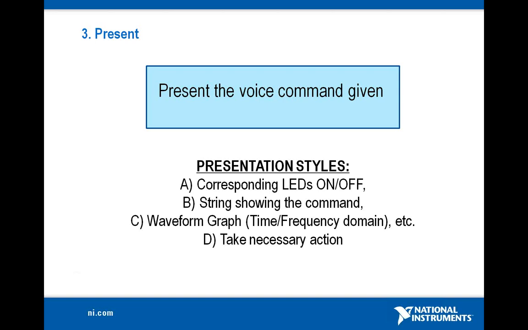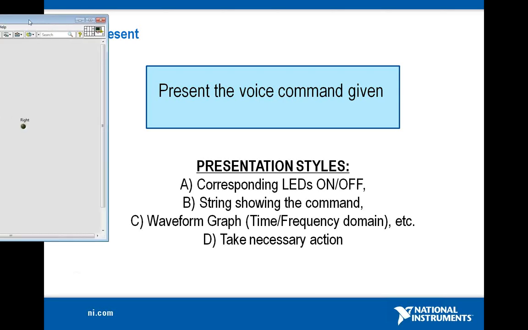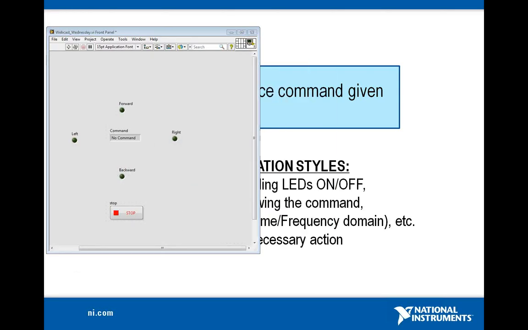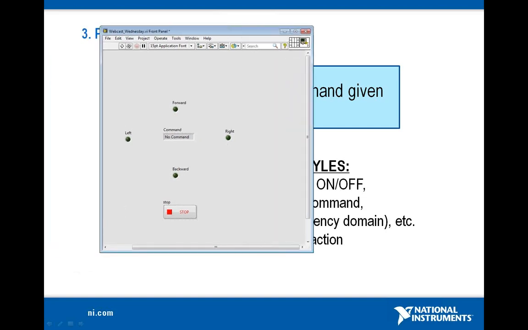Let me now demonstrate the VI that has been developed. Now, this is the front panel of my VI, on which you can clearly see that I have 4 LEDs: forward, left, backward and right.